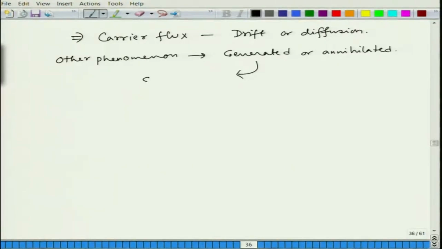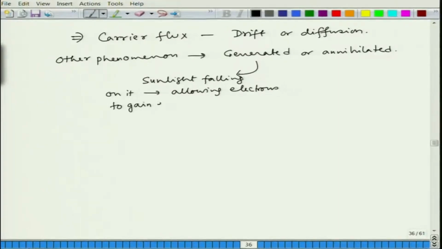When you have sunlight or rather any form of energy falling on it and allowing electrons to gain enough extra energy to cross over the band gap.